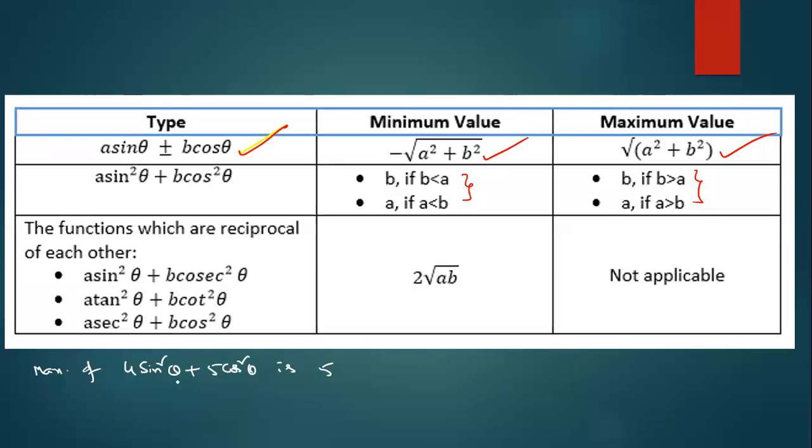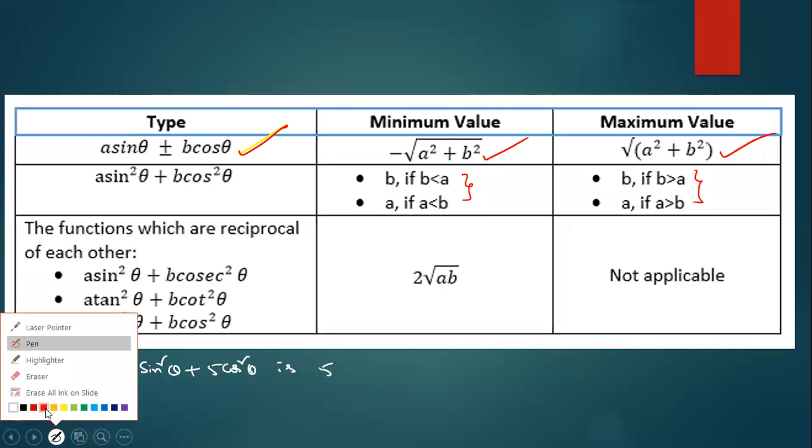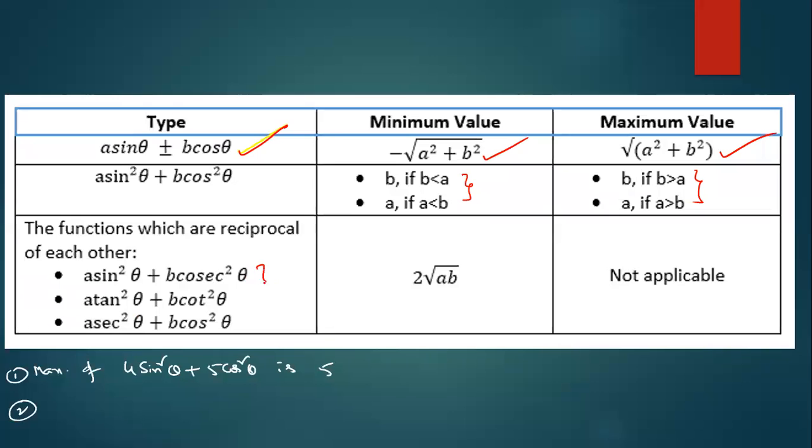Minimum, maximum is okay. A different question: A tan square theta plus B cot square theta, the minimum is 2 root AB, so our model is sufficient for this case. Dear students, what are you observing? The maximum you cannot find. So how are we getting 2 root AB?